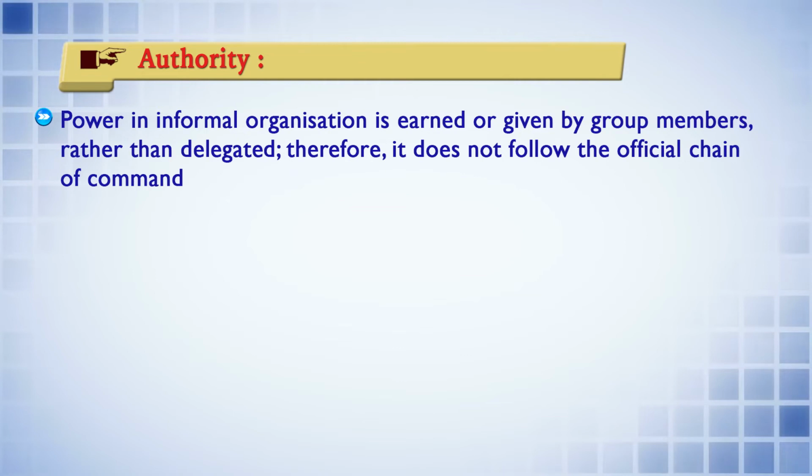Power in informal organization is earned or given by group members rather than delegated. Therefore, it does not follow the official chain of command. As I said, there is an official chain of command in the formal organization.